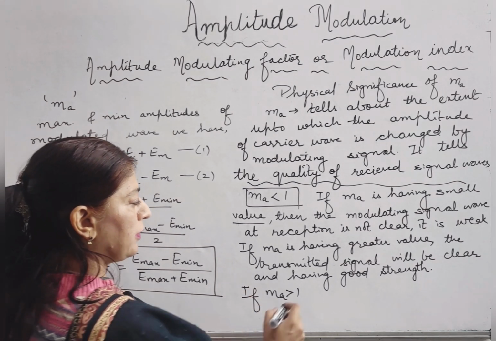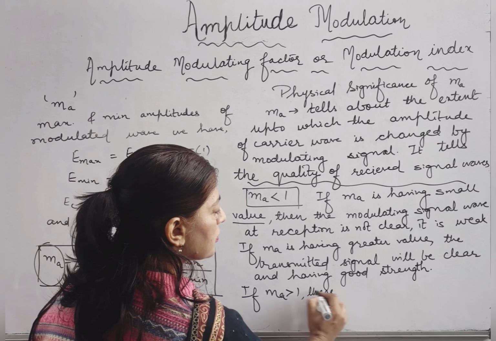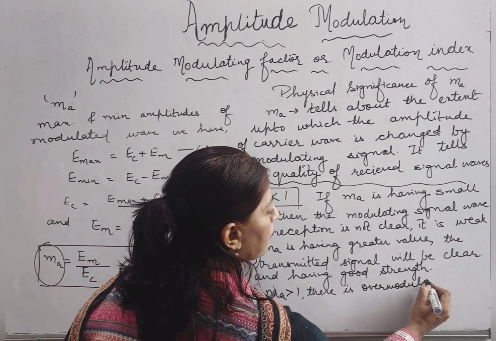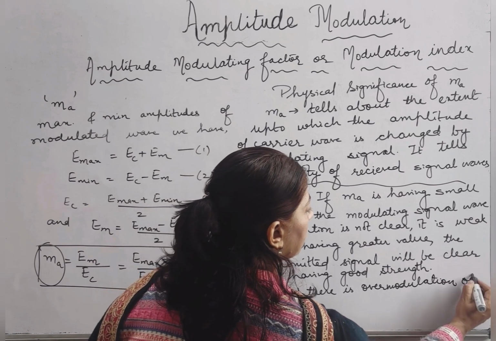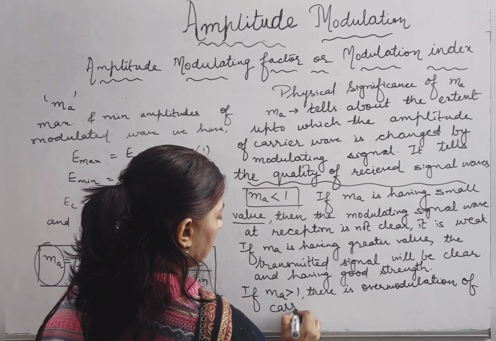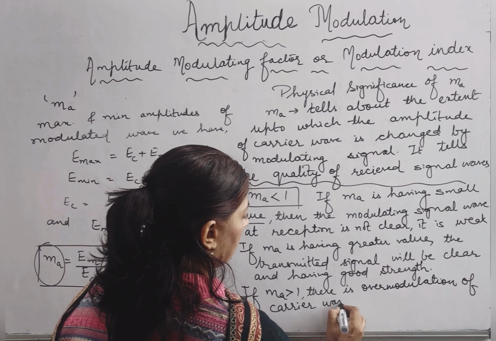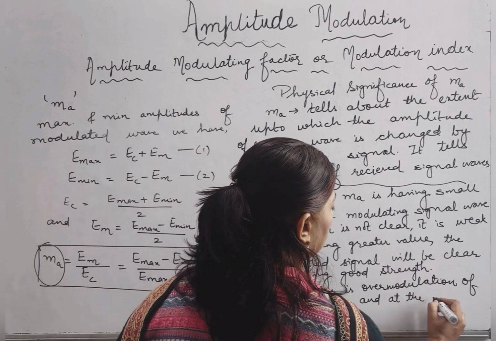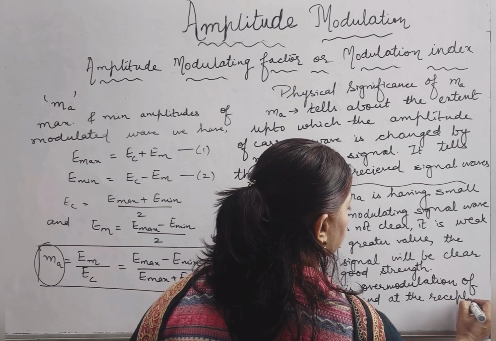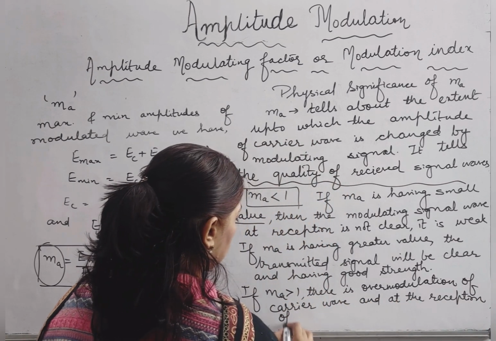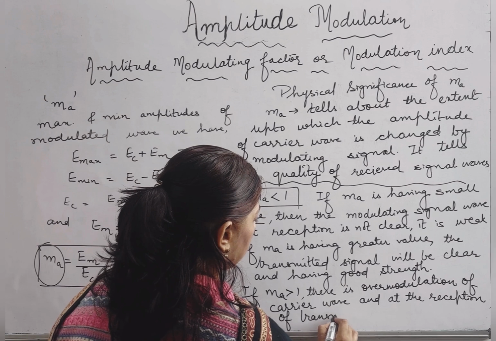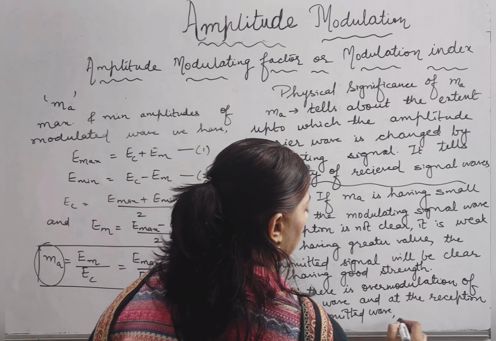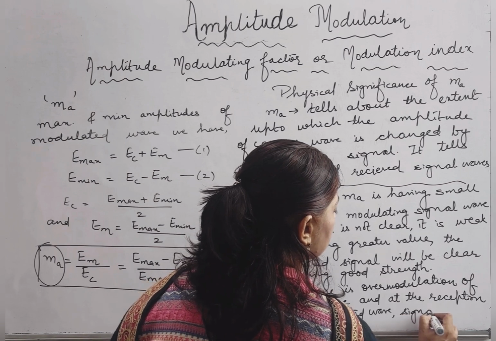If MA is greater than 1, there is over modulation of the carrier wave, and at the reception of the transmitted wave, the signal wave is distorted.